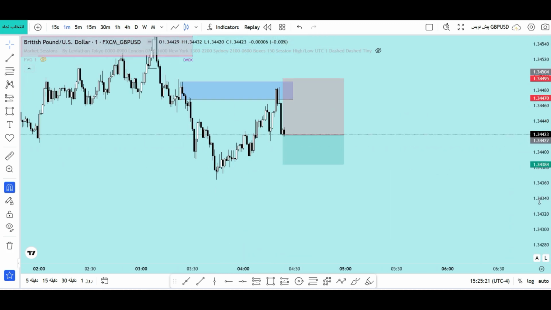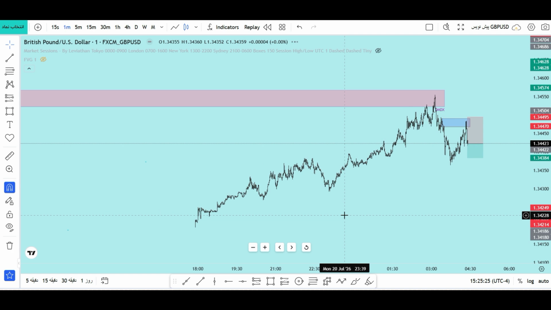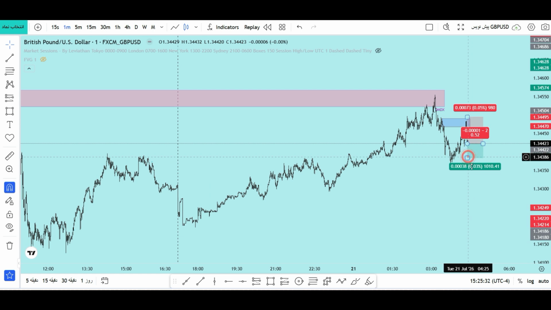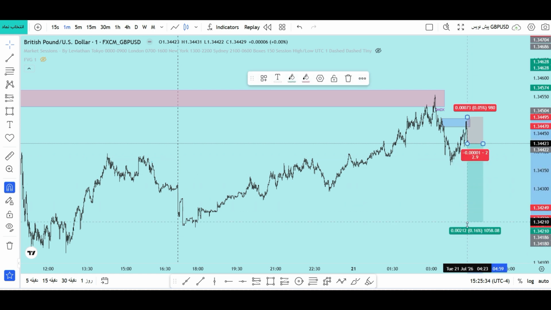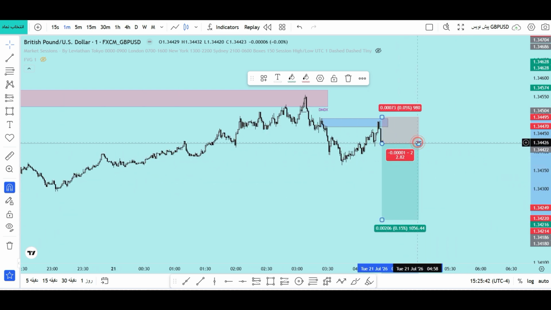Let me zoom out. As I said in the previous videos, my first target is the end of the range, something like this, and my risk reward ratio is around 2.8.